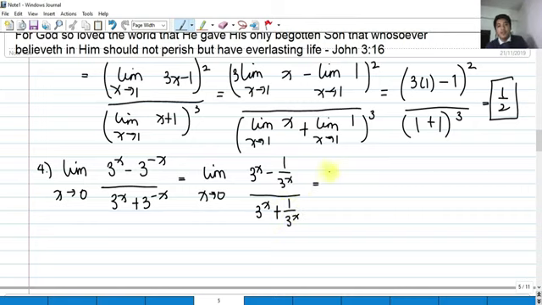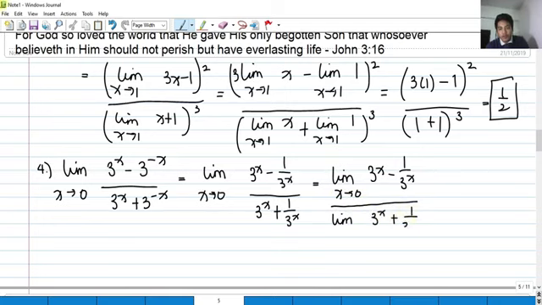And if we evaluate the limit of that, this is by quotient, and we know that we have a restriction when evaluating the limit of a quotient: the denominator should not be equal to 0 to avoid problems. So we have the limit of 3 raised to x minus 1 over 3 raised to x as x approaches 0, over the limit of 3 raised to x plus 1 over 3 raised to x as x approaches 0.